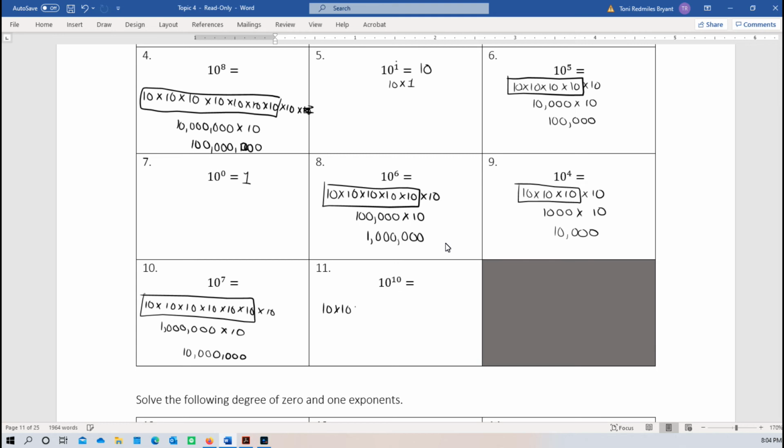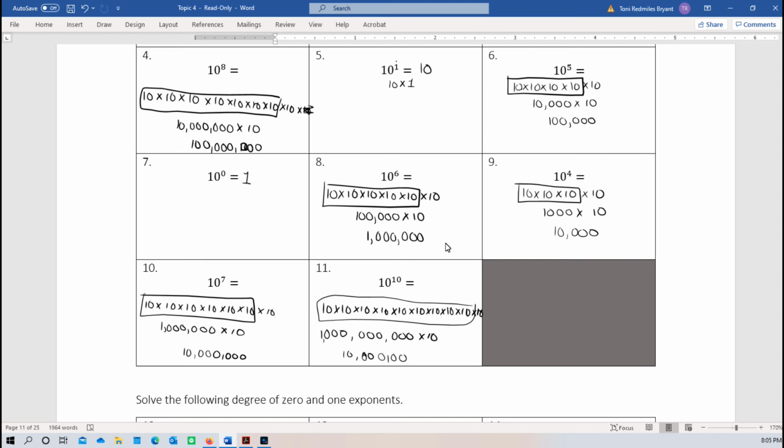10, 2, 3, 4, 5, 6, 7, 8, 9, 10. So 9 of them is a billion, right? And now it's 10 billion, because we're going to move it one more decimal place.